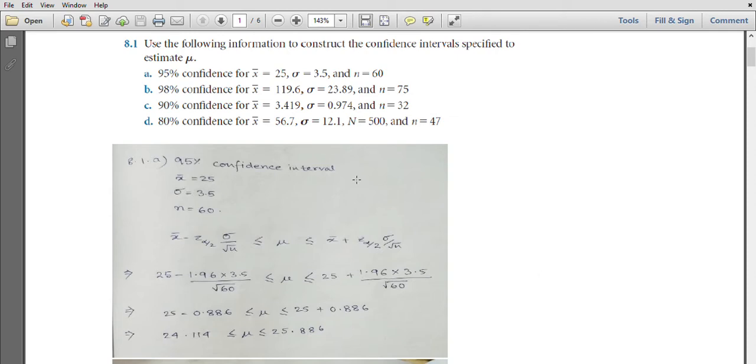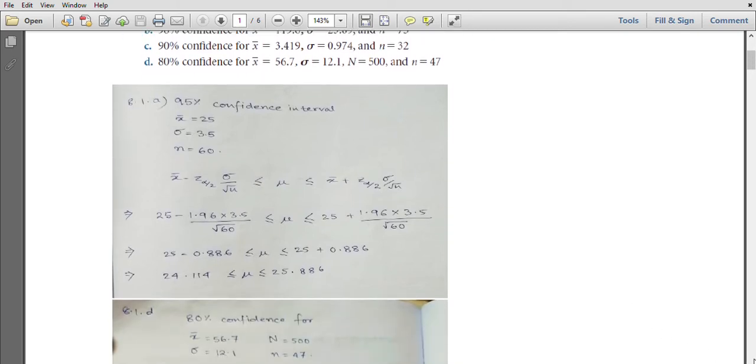Now the second one I tried was for an 80% confidence interval, and x bar is equal to 56.7, sigma is 12.1, capital N equals 500 and small n equals 47. This one looks a little bit different from all the other ones, that's why I did it as well.